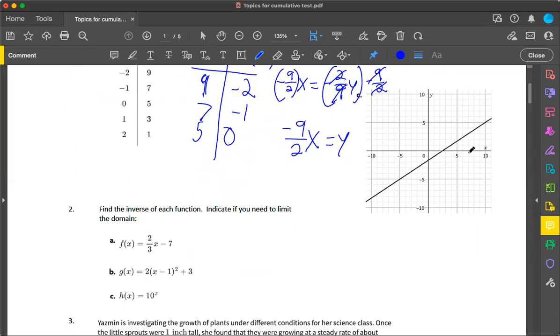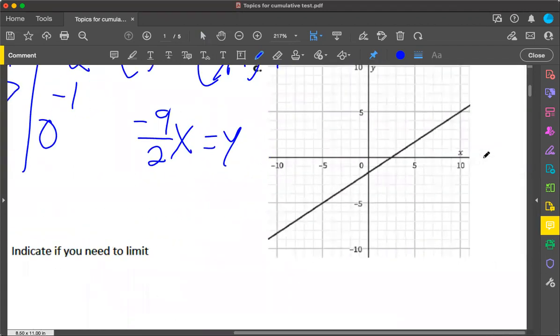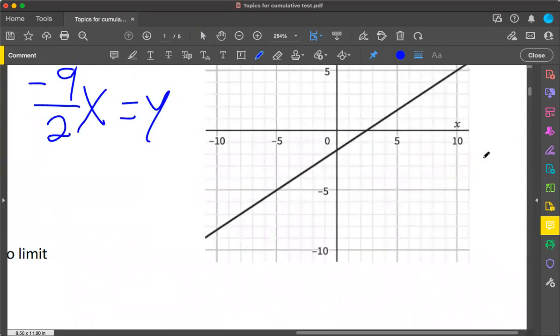You have a graph where I would look at this and say that, yeah, you could get the equation of it, or you could just mirror some of these points. Because if you look closely, there are some points that are more convenient than others. So this -2, -3, you could rewrite that as -3, -2.